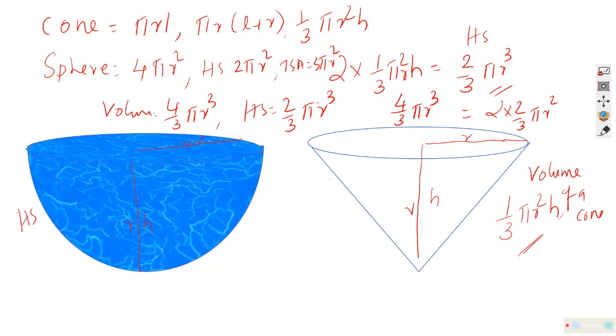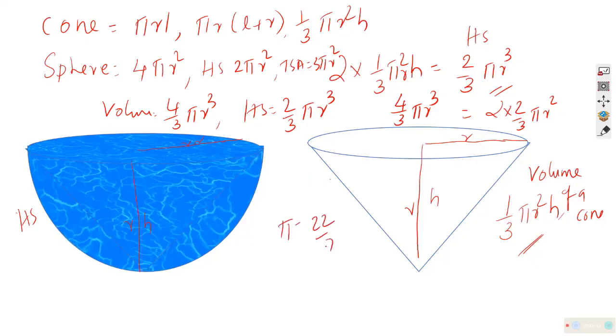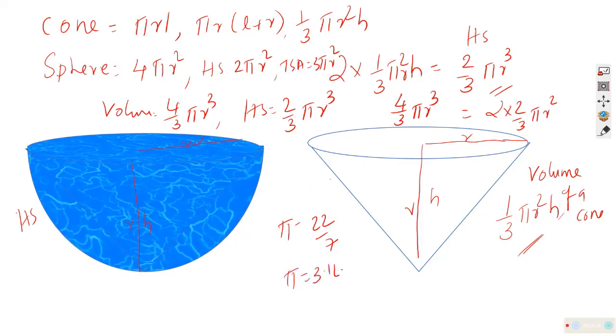But the smart student says, we understood. The formulas of cube, cuboid, cylinder, cone, sphere and hemisphere, we are smart enough to solve the problem provided the problem is understood. Along with that, I would like to say that the problem will give you pi equal to 22 upon 7 sometimes, and sometimes pi equal to 3.14.